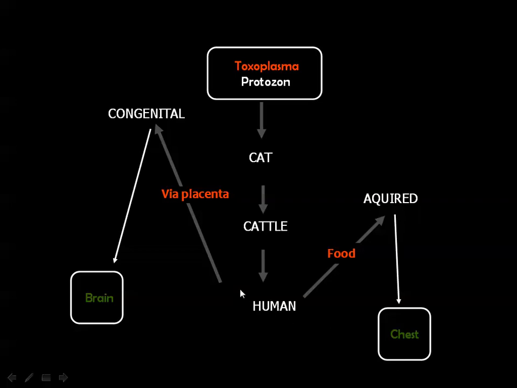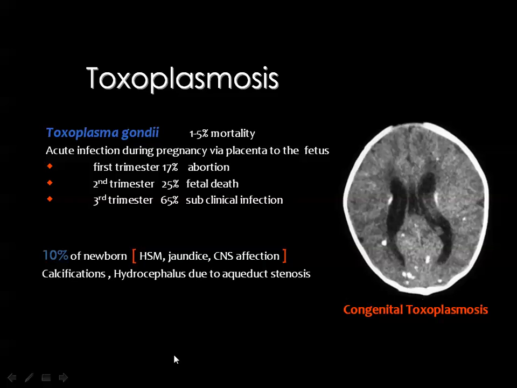While if the protozoon is transmitted to the human through the placenta, it will result in congenital toxoplasma, which will present mainly intracranially. And Toxoplasma gondii is the protozoon which usually occurs as an acute infection during pregnancy by the bloodstream, as we have said.